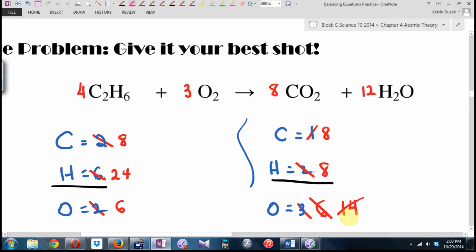How many oxygens on the right-hand side, grand total? How many here? 16. How many here? 16 and 12. There's 28 here. Change the hydrogen. Oh, forgot to put the 24 there.